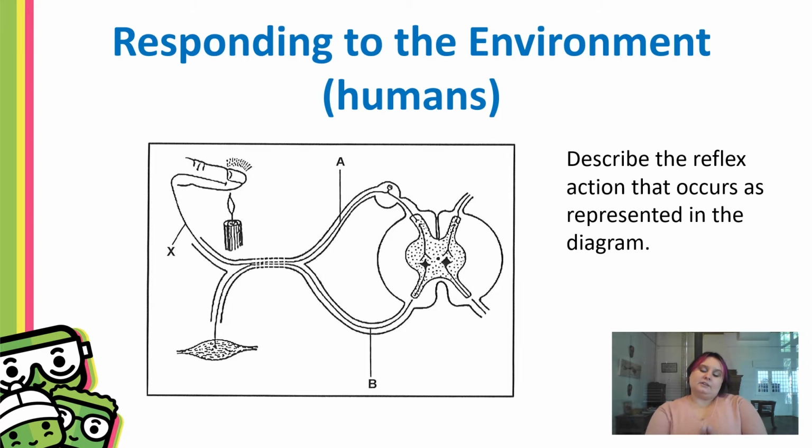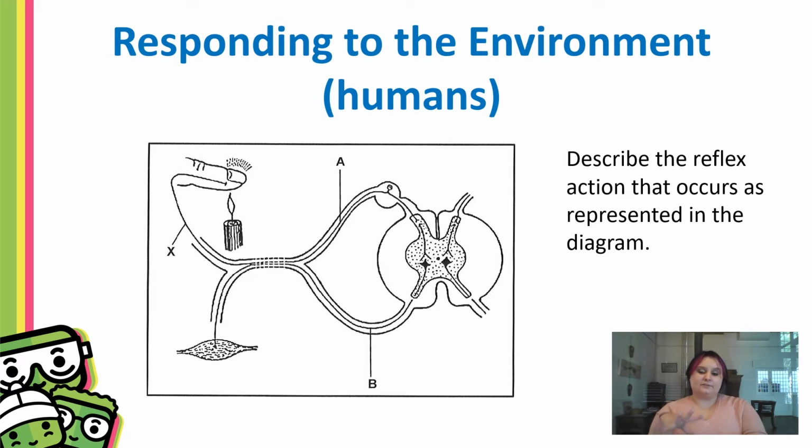The interneurons carry that nerve impulse, and they take that information and pass it across the synapse to the motor neurons. And the motor neurons carry that nerve impulse out from the ventral root, ventral meaning at the front of the spinal cord, and all the way down your arm to the effectors.